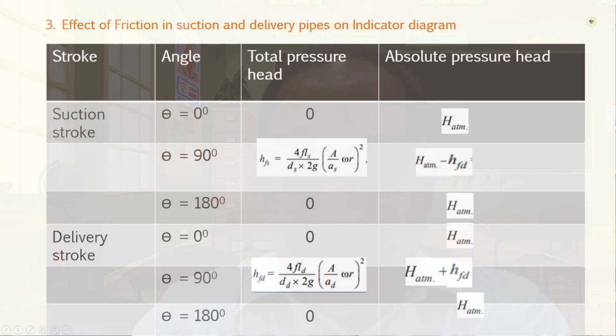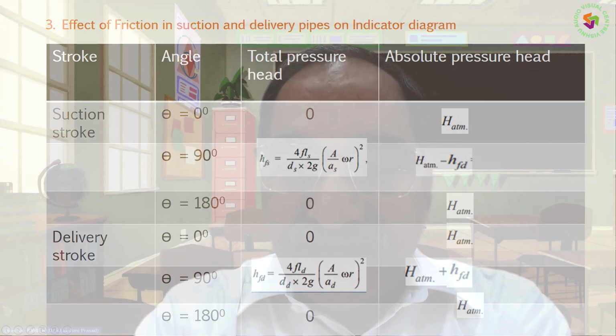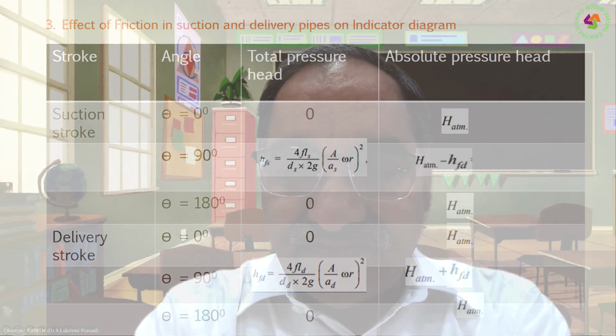So depending upon the angle made by the crank, the loss changes. The important thing here is the head loss due to friction is equal to f l by 2 g d into A by a omega r sine theta whole square.